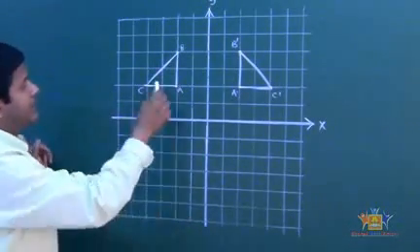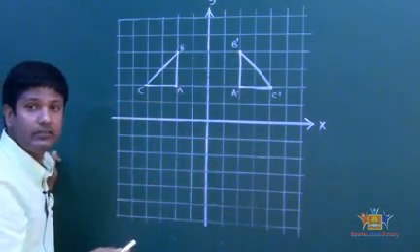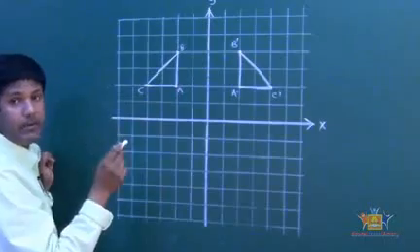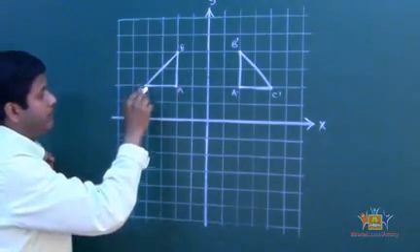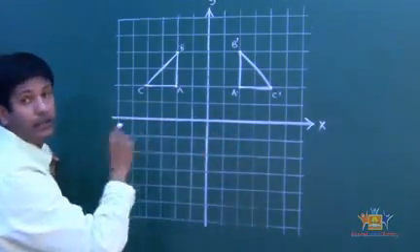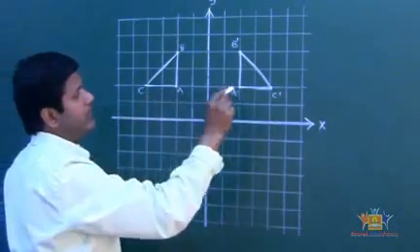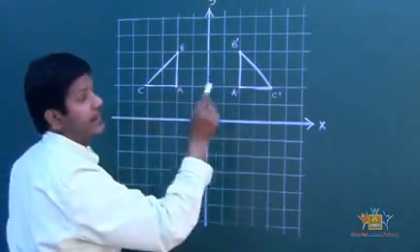Now let's say I told you to use the x-axis as your axis of reflection. So now you always keep in mind the perpendicular bisector to the x-axis. Earlier it was perpendicular to the y-axis and bisector.